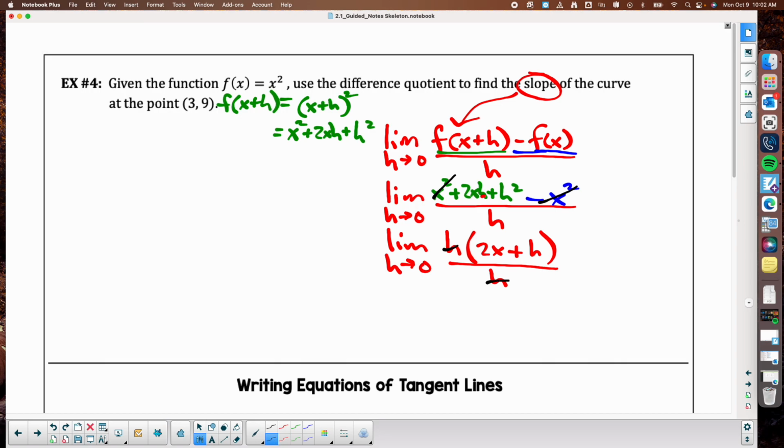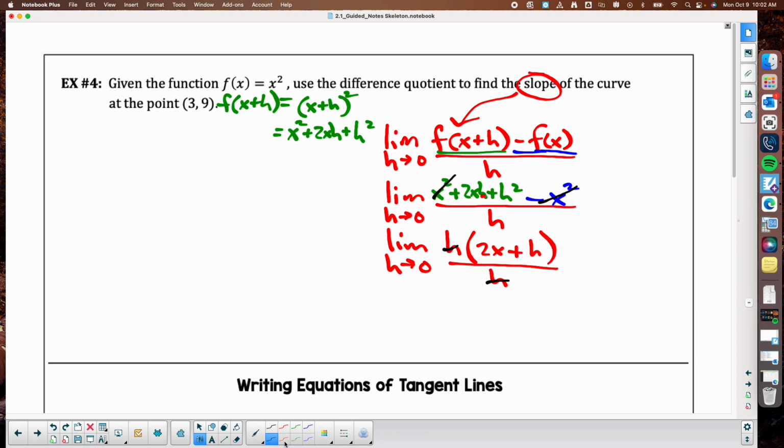All of these questions should actually have the same layout. Obviously, the equation is going to look different all the time. But on this step, all of the terms without an h should cancel. On this step, you should be able to factor an h out and cancel it with the denominator.